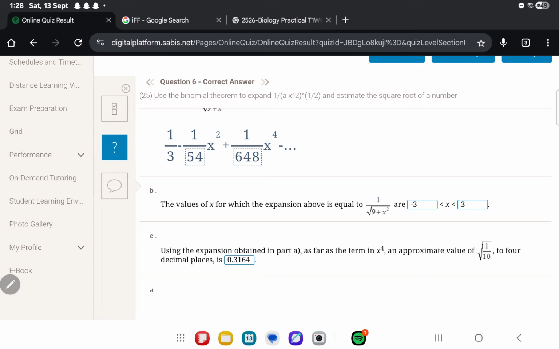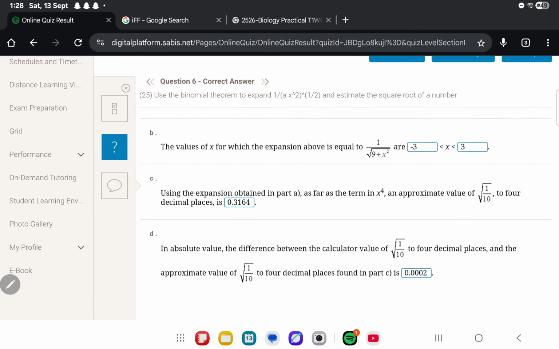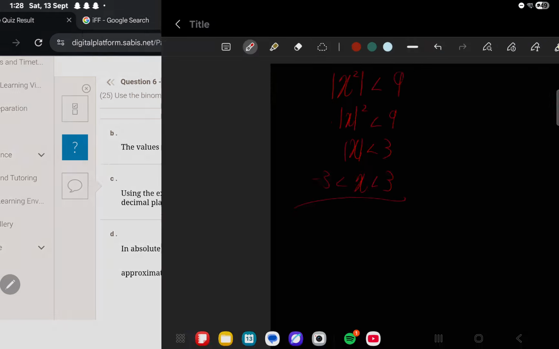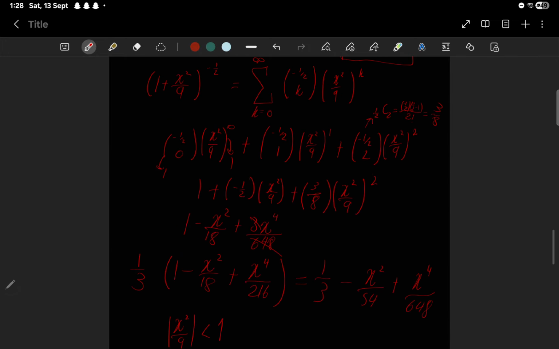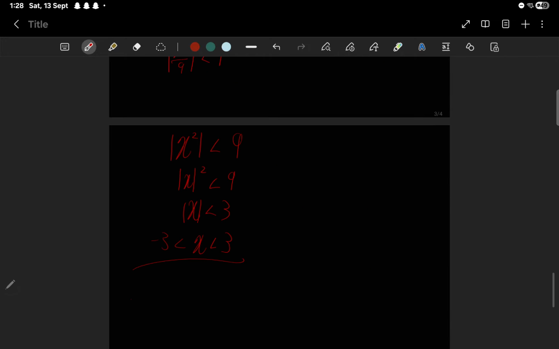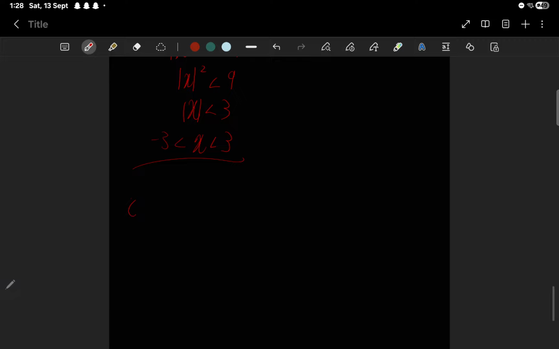Part C, using the expansion as far as the x to the power of 4 term. So we're going to do the same thing we did for the other one, but they want us to find it with radical 1 over 10, because it was given in the question. Radical 1 over 10 is the same thing as 10 to the power of negative 1 over 2, right? Same exact thing.